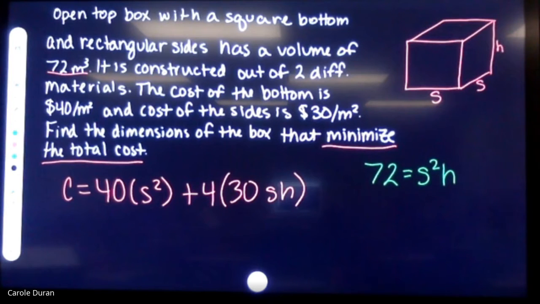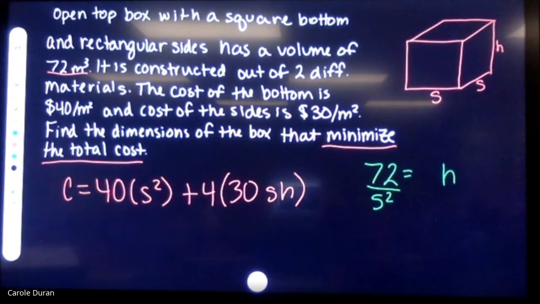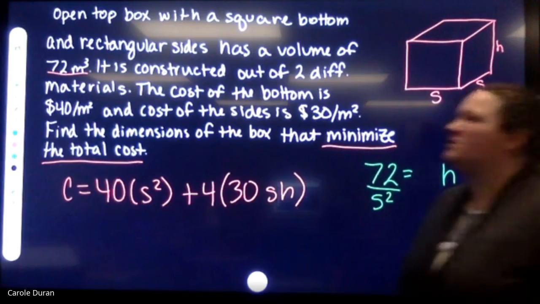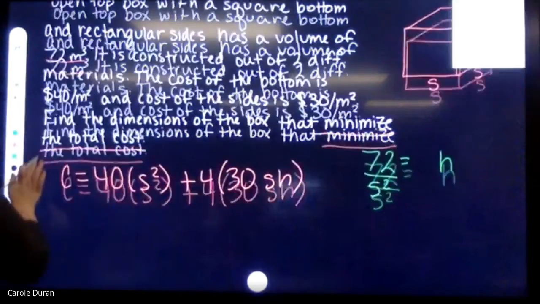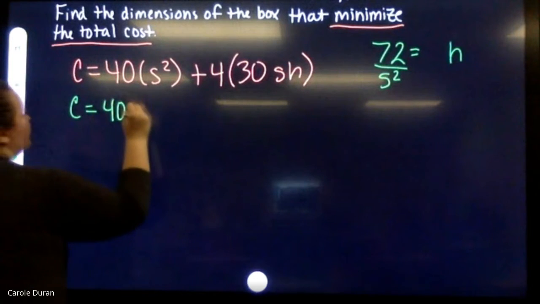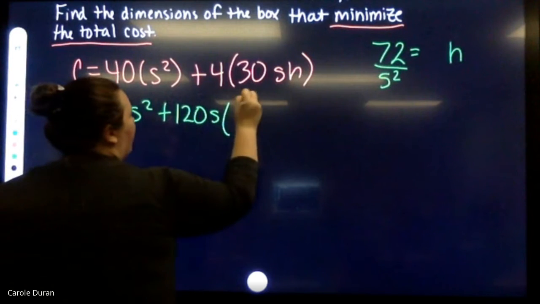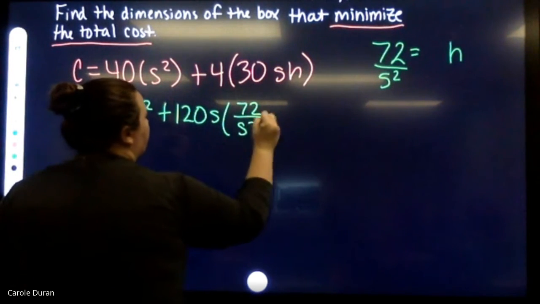The h. And what am I going to do to solve for h? How do I get h by itself? Divide by s squared. So h equals 72 over s squared. I'm going to take that and plug it into my optimization equation. So when I do, I get 40s squared plus 120s times 72 over s squared.